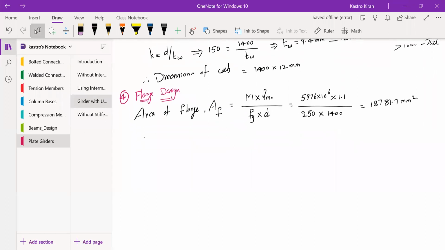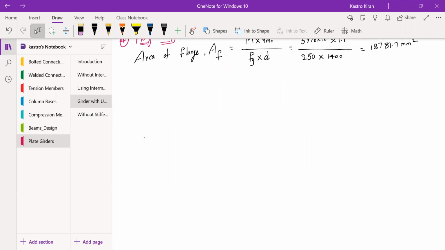Now, by using the area of flange, you have to find out the width of the flange and the thickness of the flange. Before finding out the width and the thickness of the flange, you have to identify one thing. So for compression flange, remember this point. For compression flange with welded section. Since we are designing the welded plate girder, I'm taking it as welded section.